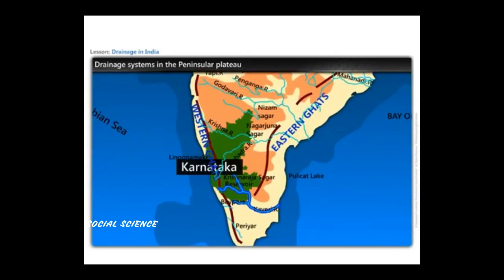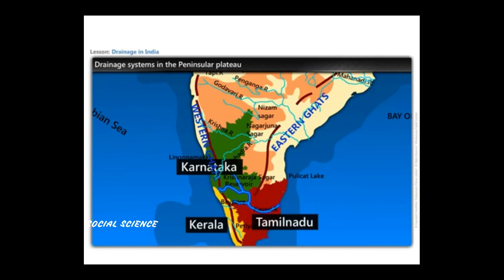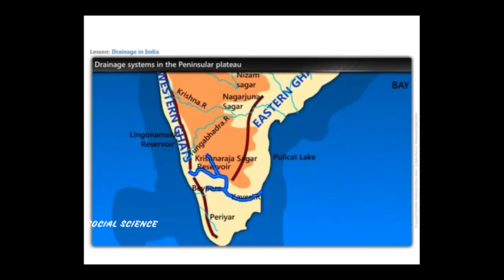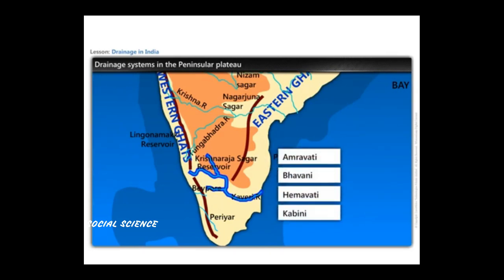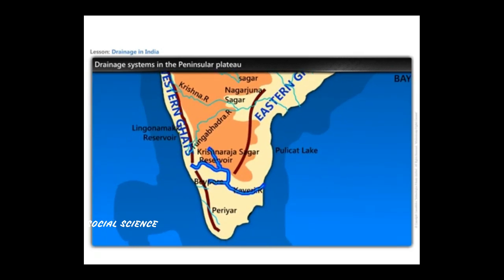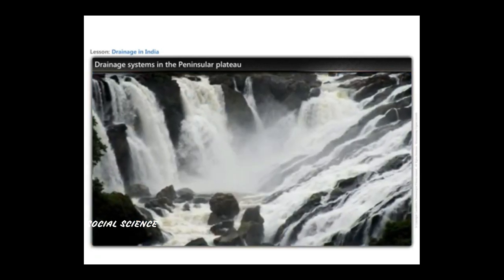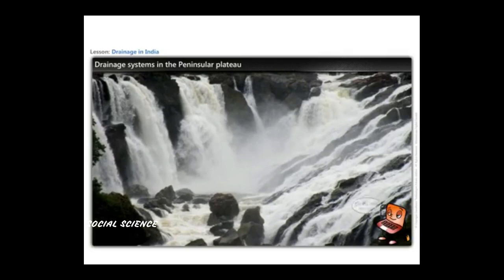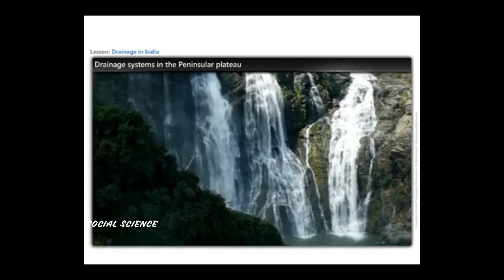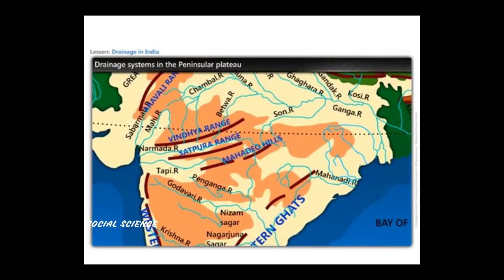Kaveri Basin drains parts of Karnataka, Kerala, and Tamil Nadu. Some of the major tributaries of the river Kaveri are Amaravati, Bhavani, Hemavati, and Kabini. The river Kaveri makes the second biggest waterfall in India. Do you know its name? It is known as Shivasamudram.